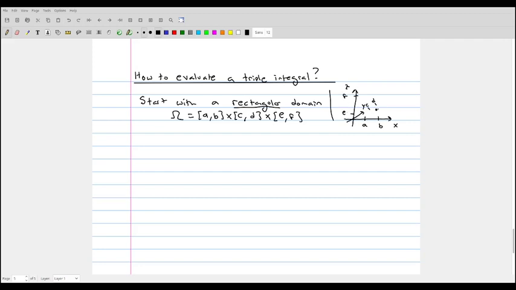So this is going to correspond to the definite integral over a region omega in 3D, which looks like this.